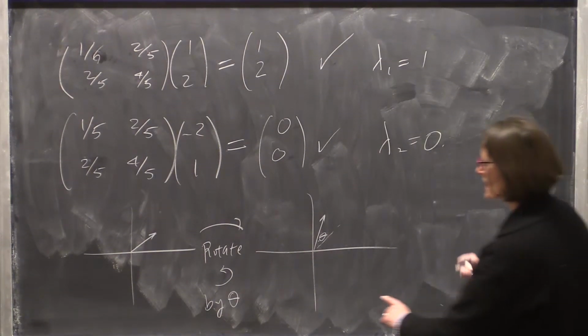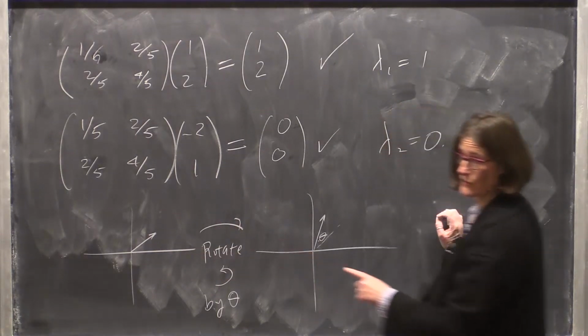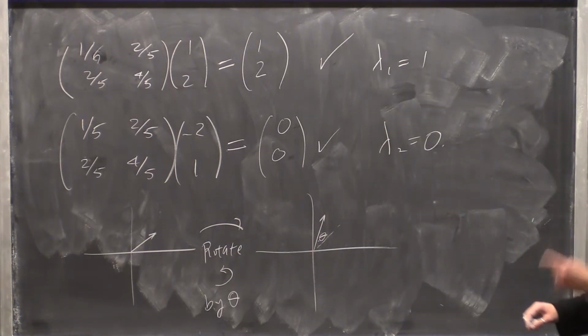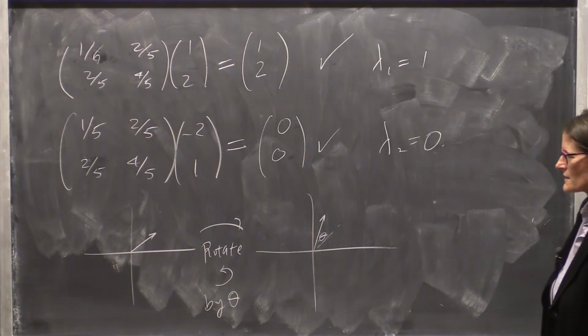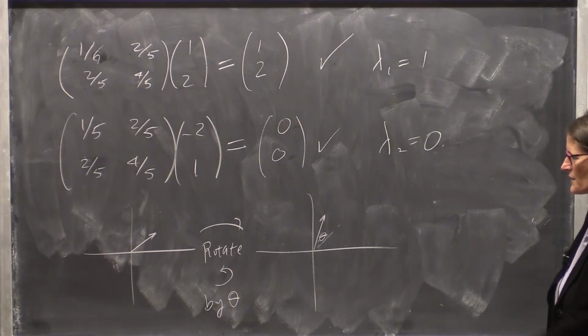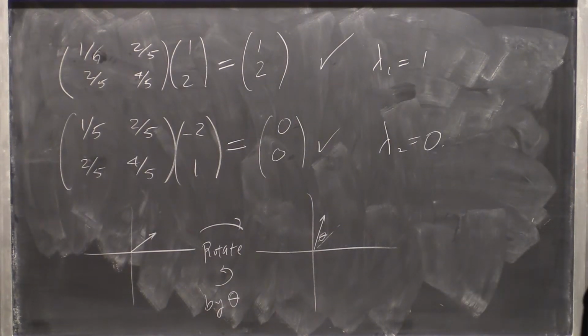So here it's important that I'm not rotating by 360 degrees. If I rotate by 360 degrees, I have the identity matrix, and that certainly has vectors that get sent to a scalar multiple of themselves. If it's not rotation by 360 degrees, can you think of any vector which, after rotation, is just some scalar multiple of its pre-rotation?